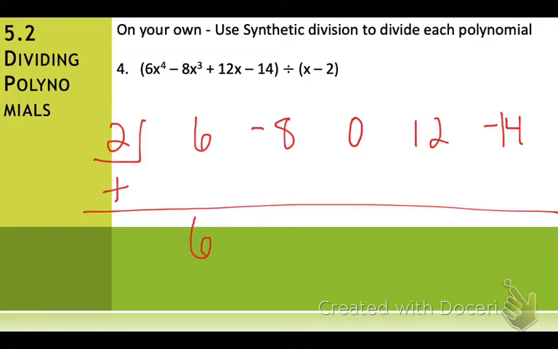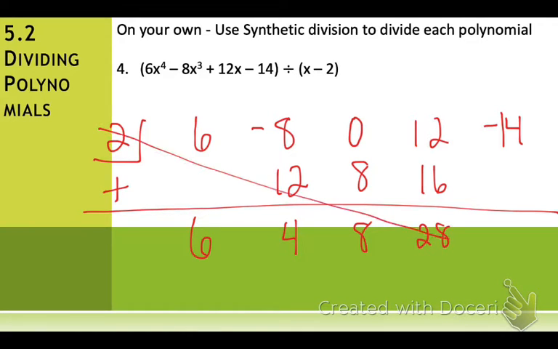All right, drop the 6. 2 times 6 is 12. Add those, you get 4. 2 times 4 is 8. Add those, you get 8. 2 times 8 is 16. Add those, you get 28.